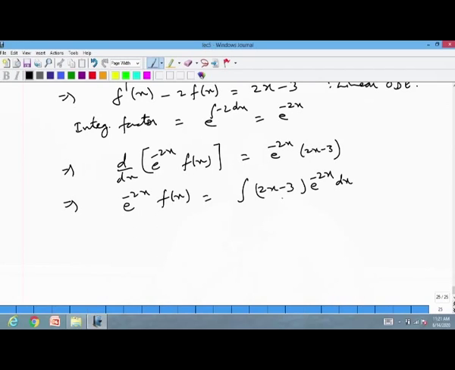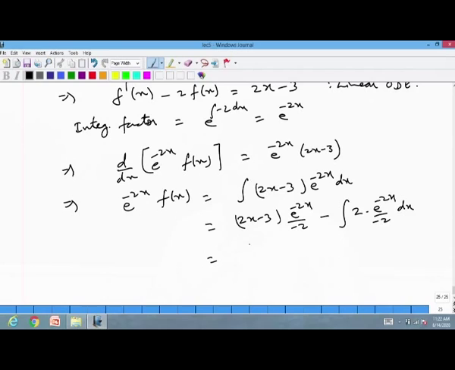This again we integrate by parts. So, this is equal to 2x minus 3 times e to the minus 2x by minus 2 minus integral of derivative of 2x minus 3 gives 2 times e to the minus 2x by minus 2 dx.